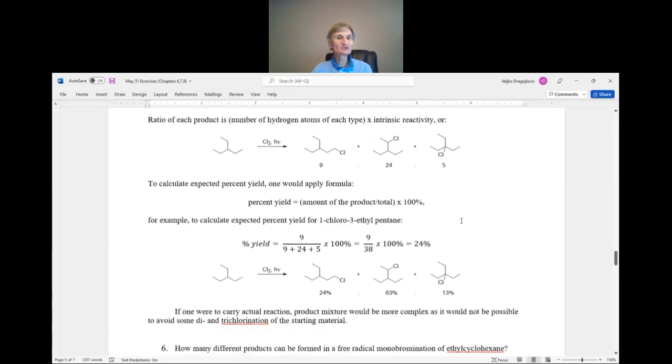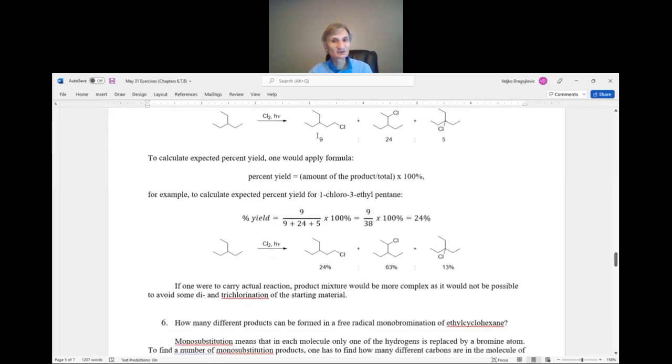If you are asked to calculate percent yield, it is the amount of the product, that's the relative amount, 9, 24, or 5, divided by the total, so the sum of these 3, multiplied by 100. So to calculate percent yield for the first one, 1-chloro-3-ethylpentane, it's 9 divided by the total of all 3, times 100, that's 24%.